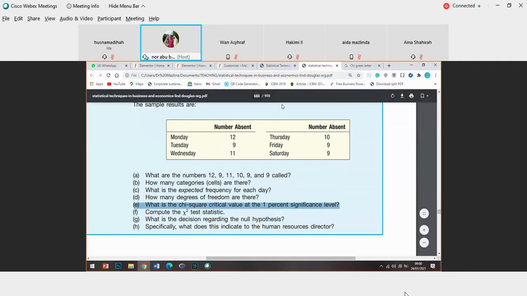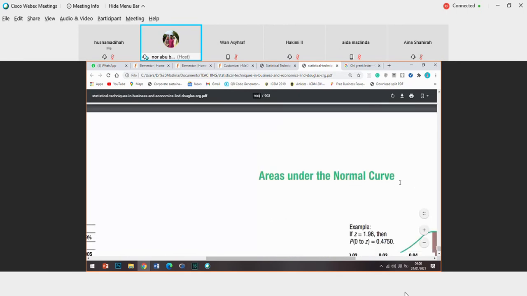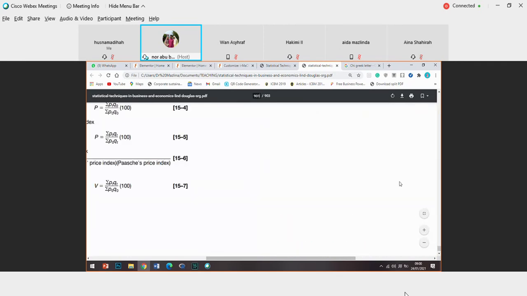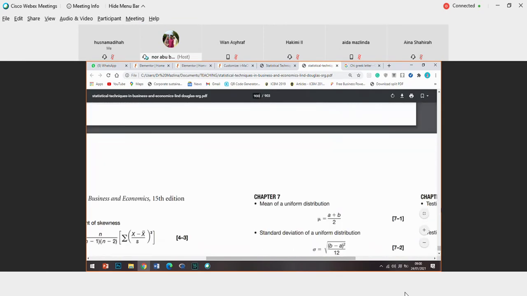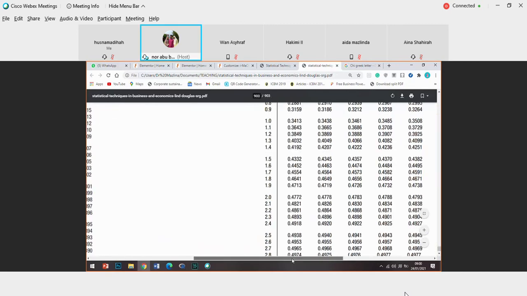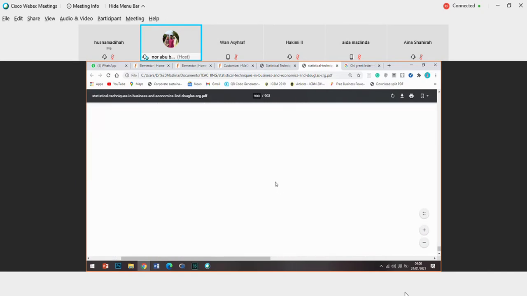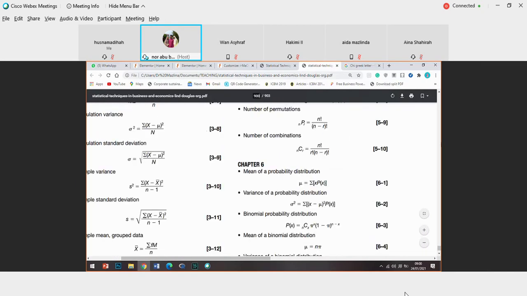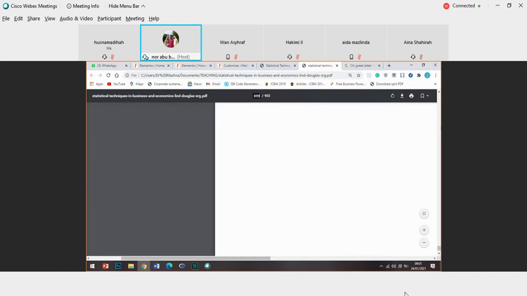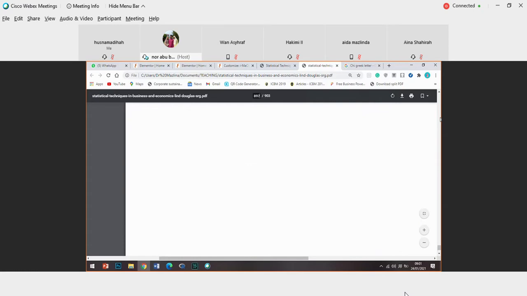Okay, kalau nak tahu awak kena pergi belakang sekali sekejap. Pergi belakang ni, awak carilah chi-square. Ini chi-square table. Okay, awak cari chi-square table. It is in the front. Okay, this is not it.